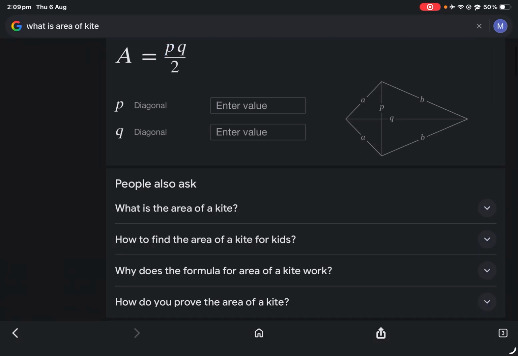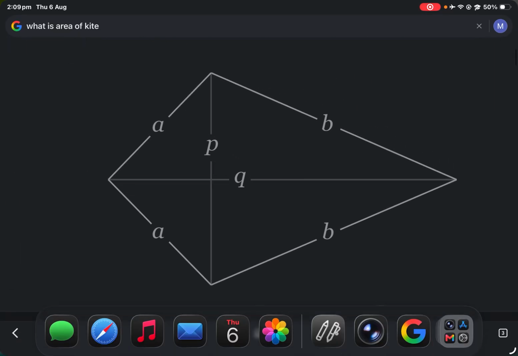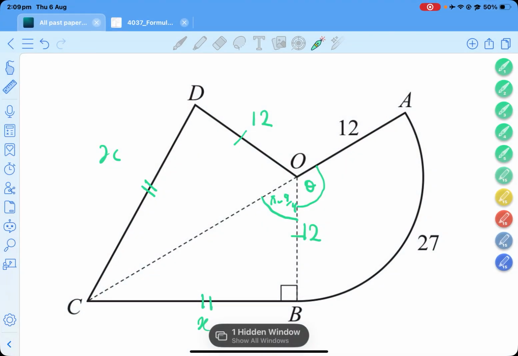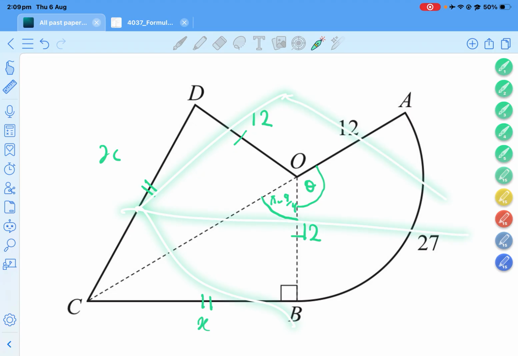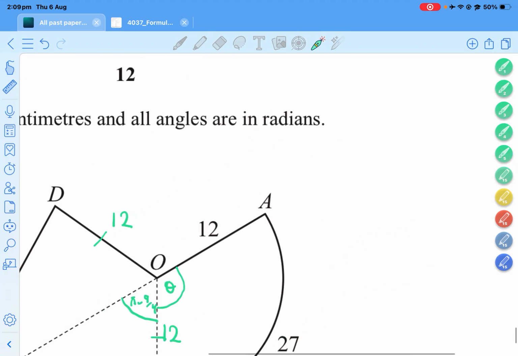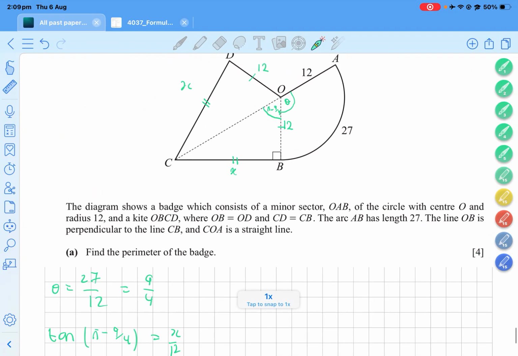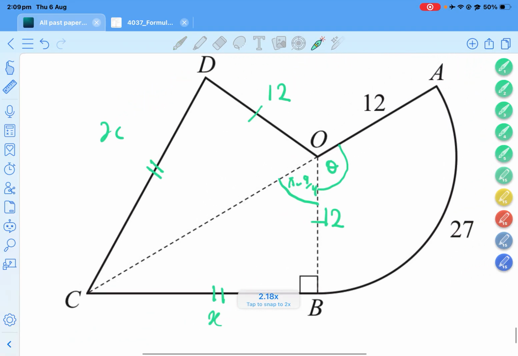It will ask you for these values, but in this kind of situation, our kite is never like this. Does it even look like one kite? They've said it's a kite, but it isn't. So how do you find the area of this kite? Well, you can see it's made of 2 triangles. First is this one, second is this one.